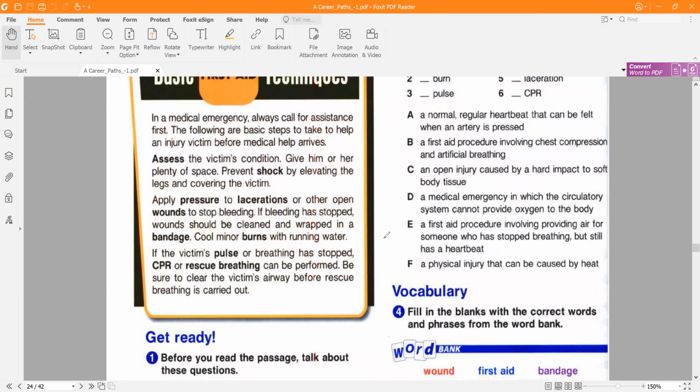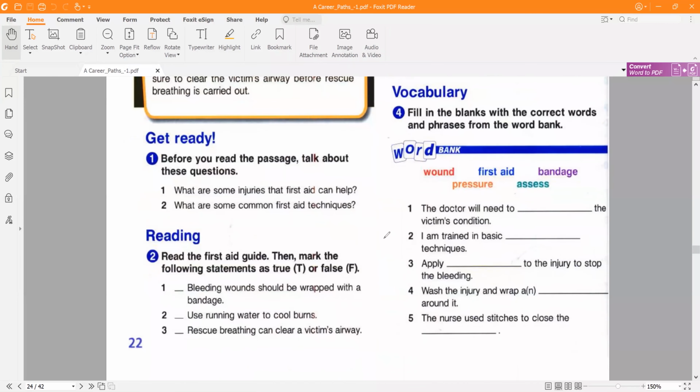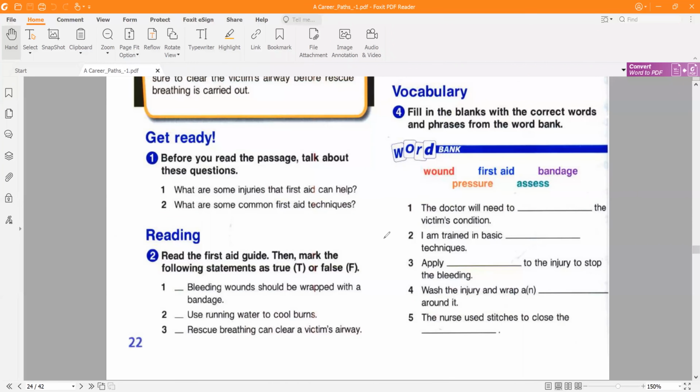And then we finish with wound, first aid, bandage, pressure, and assess. Okay, so for number one, the doctor will need to assess the victim's condition. I'm trained in basic first aid techniques.